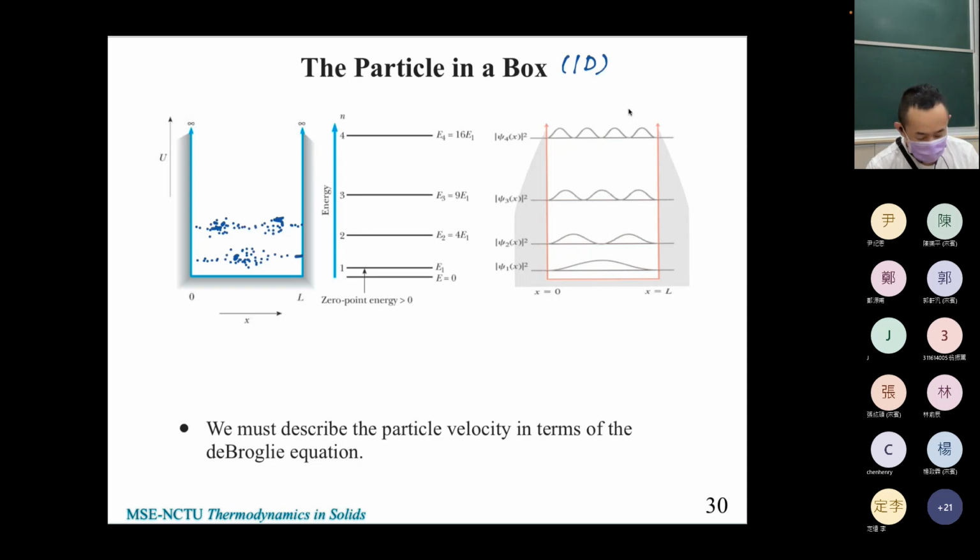If the energy is at a low level, you have a higher possibility of finding it in the middle. And if you have the next level, you will have two other high-possibility areas.